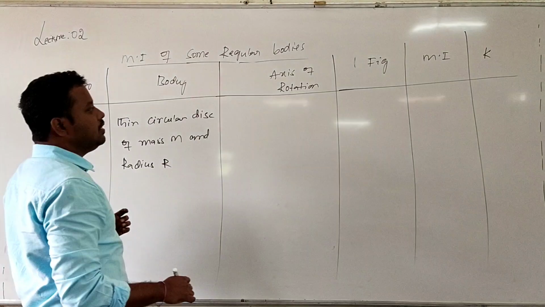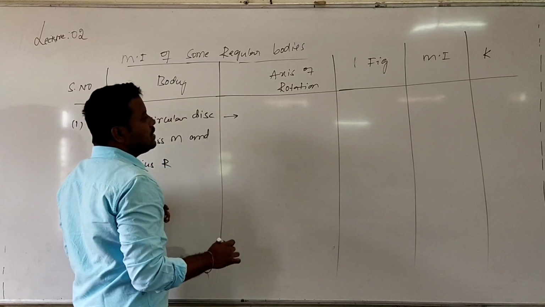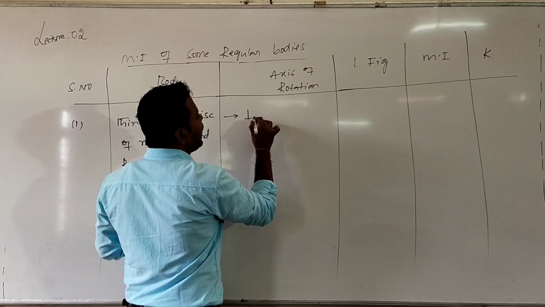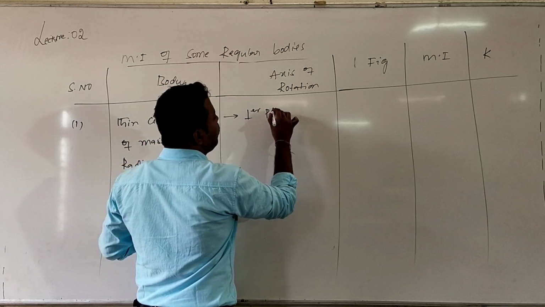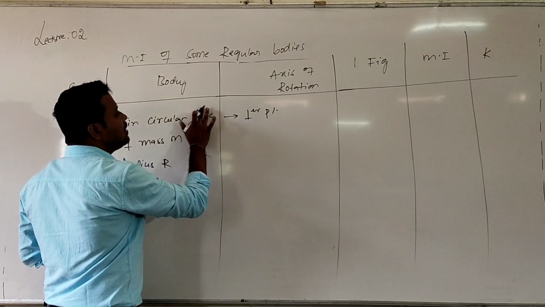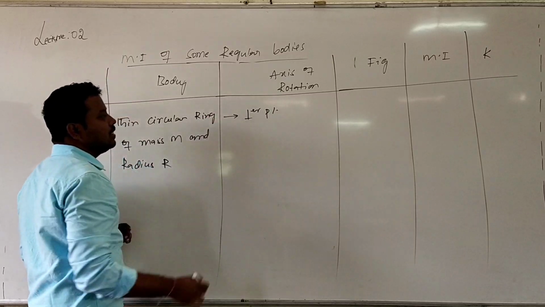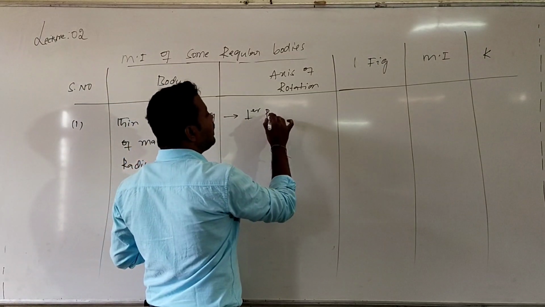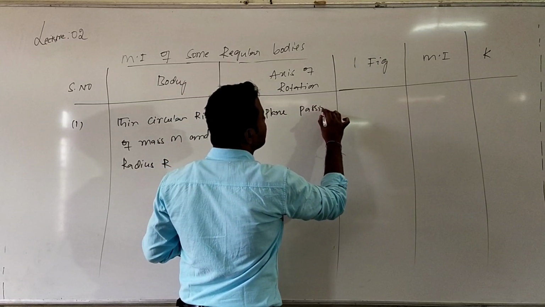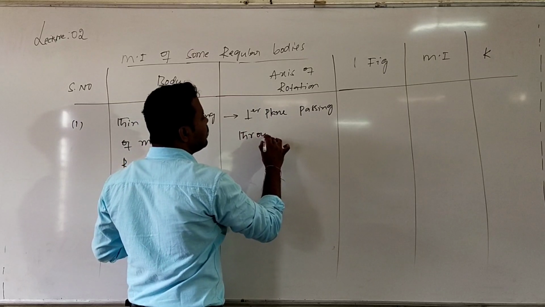About which axis? I will show the different axes by this arrow. First I will write about an axis perpendicular to the plane. Before the circular disc, I will write for the circular ring, then I will write the circular disc. Perpendicular to the plane of the ring, passing through the center of the ring.